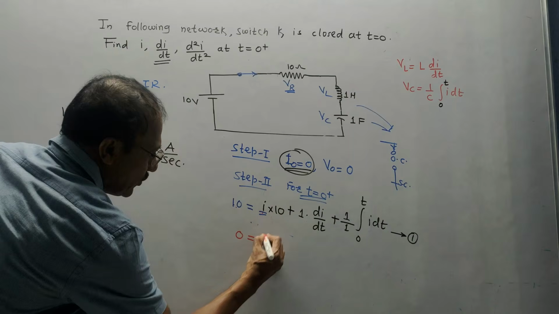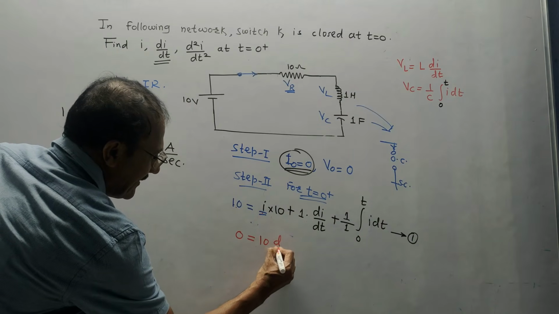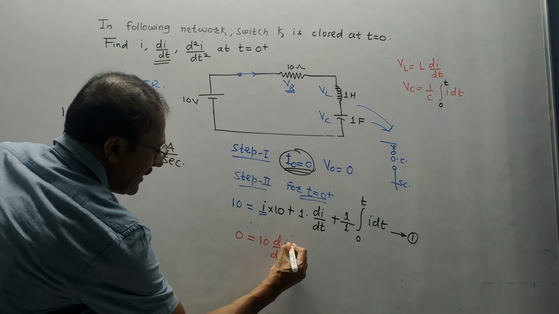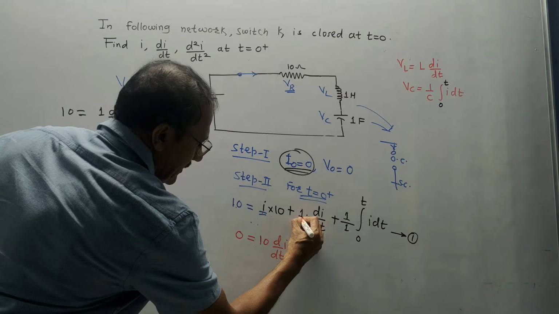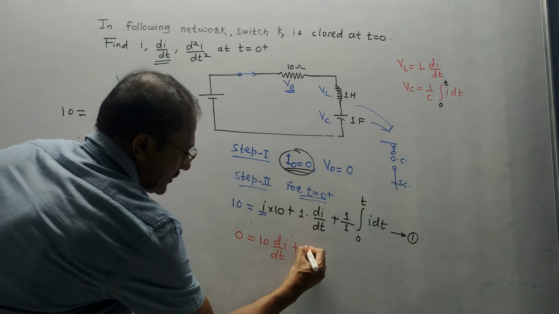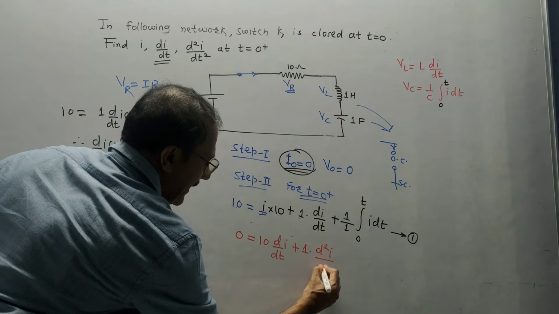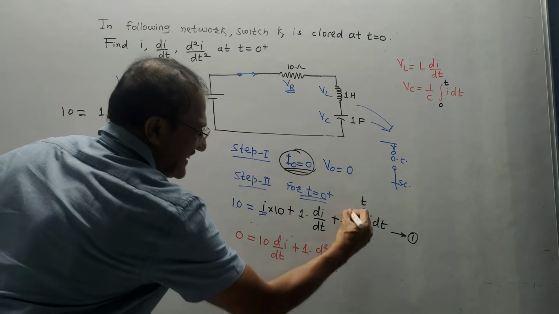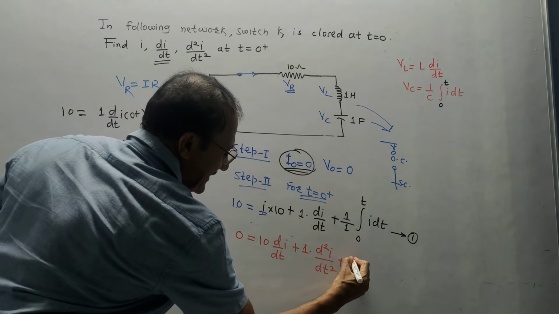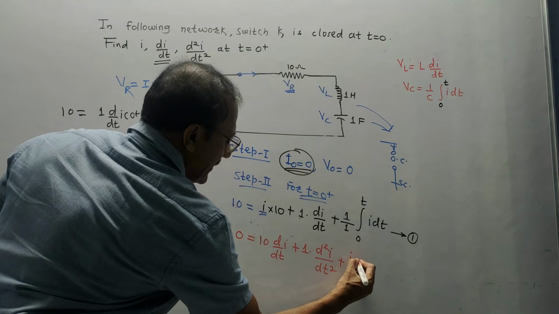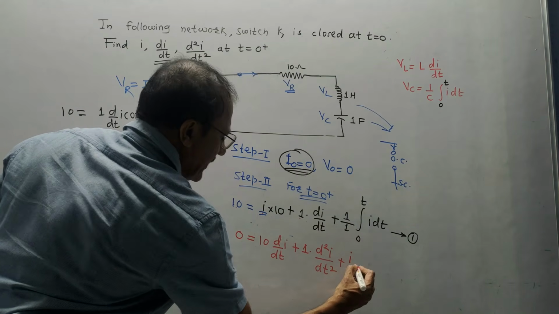So this is I into 10, I will write it as 10 d by dt of I plus 1, it is constant, so it remains as it is. This becomes d square I by dt square plus, integration and derivative get cancelled like the previous sum. I will write only I or I of t, anything will do.